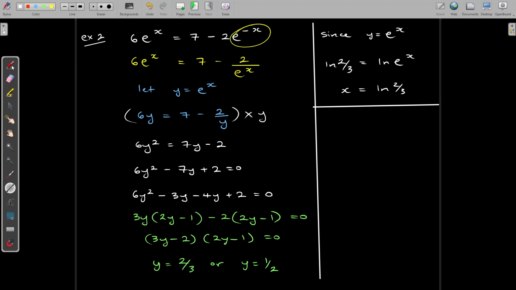Next solution, ln a half is equal to ln e to the x, and x is equal to ln a half. So that's how we approach such a question.